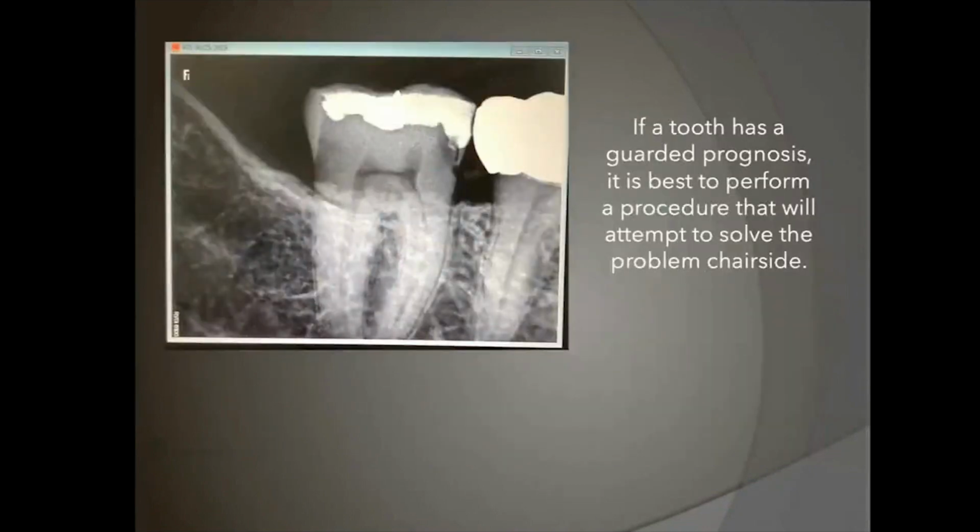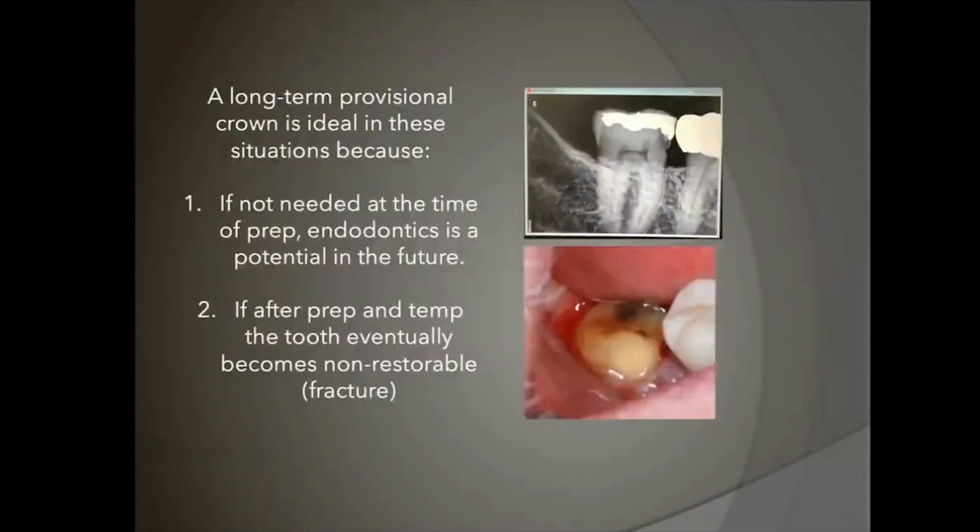If a tooth has a guarded prognosis, it's best to perform a procedure that will attempt to solve the problem chairside. And in this case, because we weren't sure if it needed endodontic therapy and if it was fractured, we want to put a long-term provisional crown on this tooth because, number one, if you don't need it at the time of the prep, the endo may be a potential in the future, and then you don't have to destroy a good, healthy lab-fabricated crown in order for the root canal to be performed.